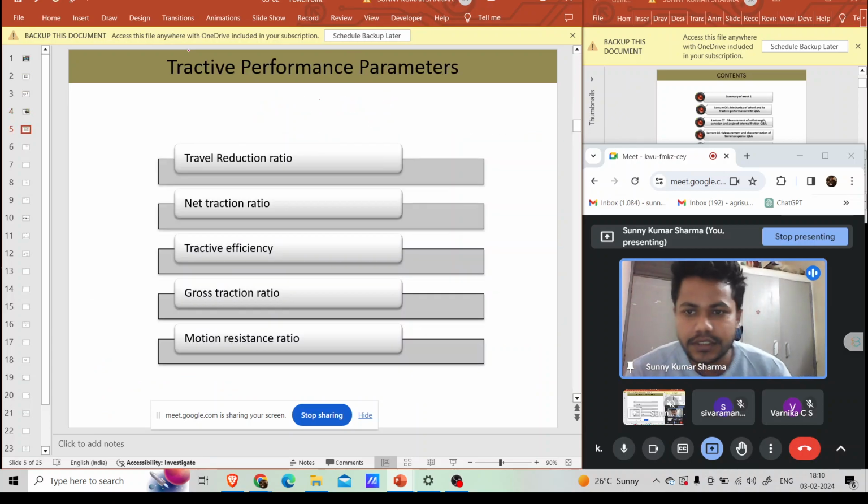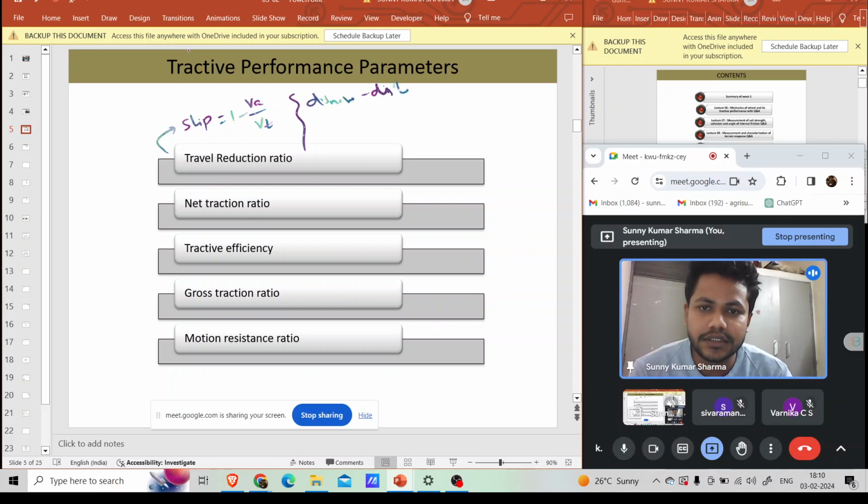Next, we discussed the tractive performance parameters. There are mainly 5 tractive performance parameters which we learned last week. Travel reduction ratio, also sometimes designated as slip, is 1 minus V actual by V theoretical, which you can also derive. It is the distance traveled in no load condition minus the distance traveled in load condition, by the distance traveled in no load condition.